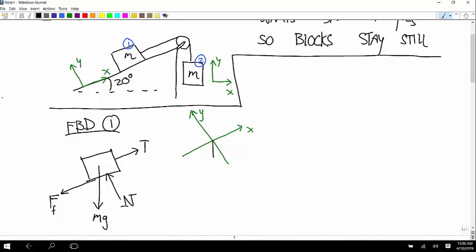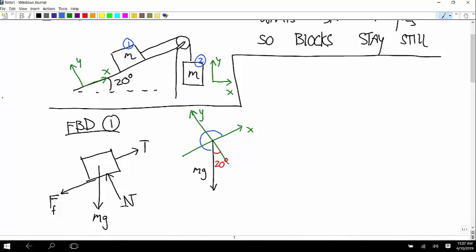Our weight force is this. The angle between the negative y-axis and the weight force is always the same as the angle between the horizontal and the incline. So this angle is 20 degrees.